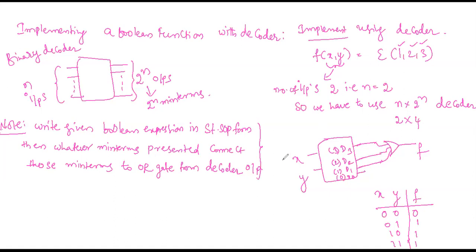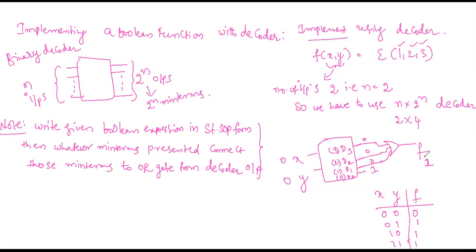Now check. When you apply 0, 0, D0 will be active and the remaining are deactive. For the OR gate, if one input is active, output is 1. For 0, 0 input, D0 will be active, remaining are 0.